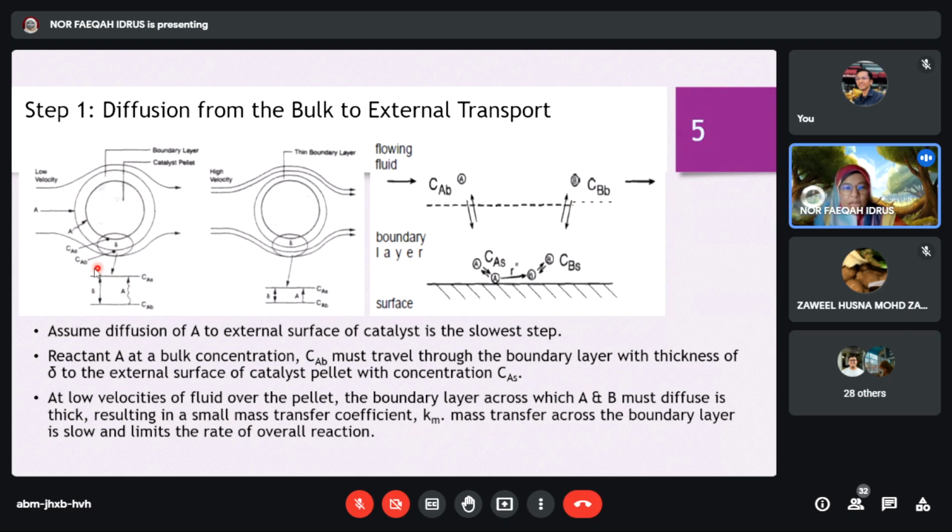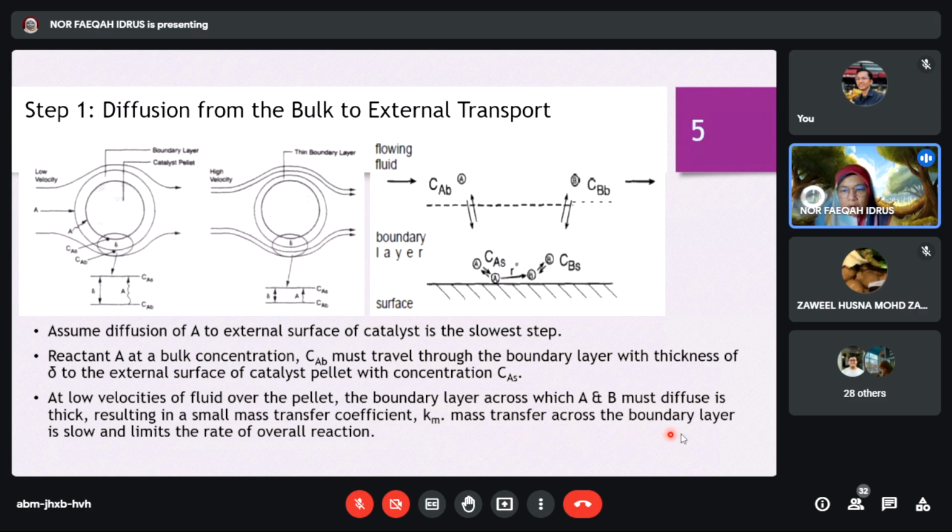When the boundary layer is thick, the transportation of reactant A from bulk fluid to the external surface is very slow. That's why when it is very slow, the mass transfer coefficient is also very small. Mass transfer of reactant to the external surface, the coefficient is very small.